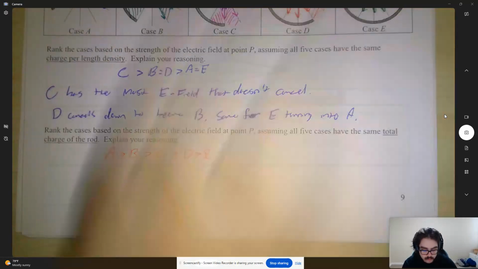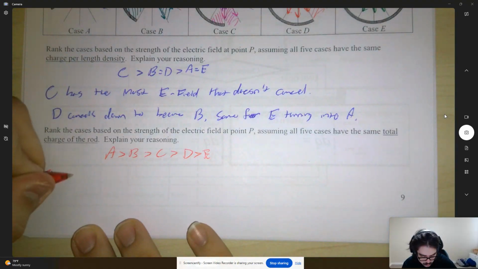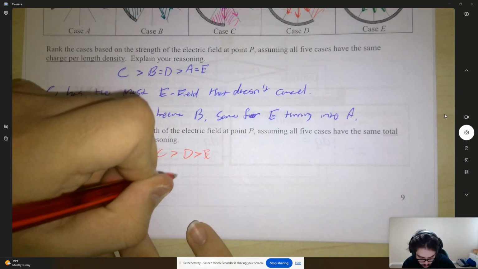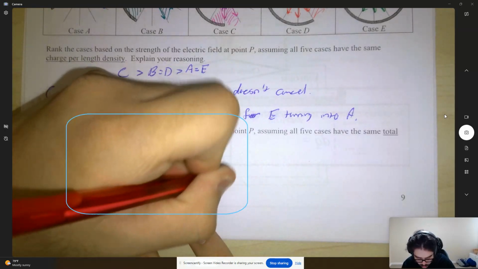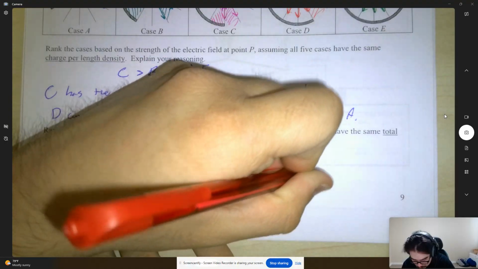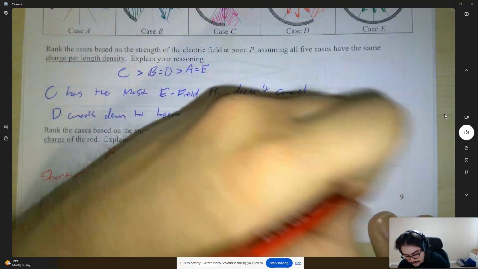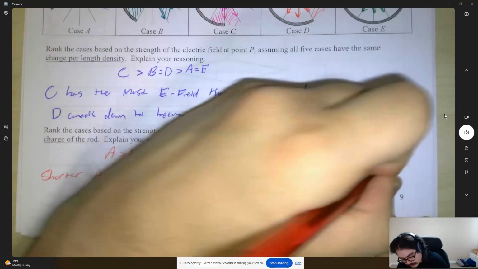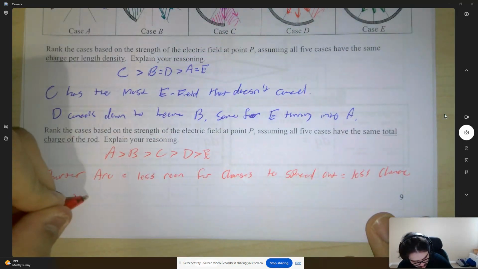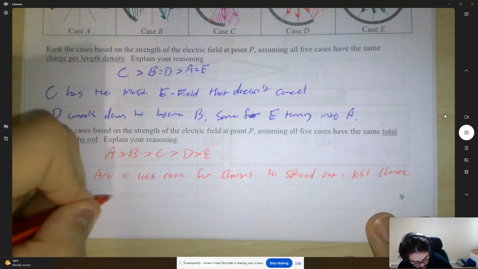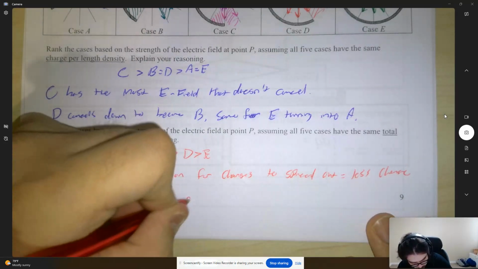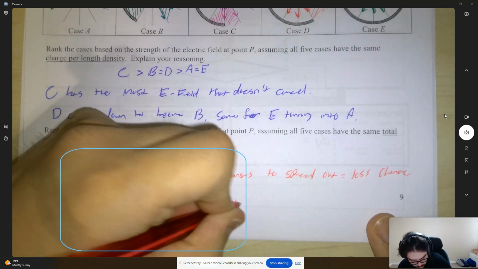Because a shorter rod, a shorter arc, means less room for charges to spread out. And that means less chance of them canceling each other out.